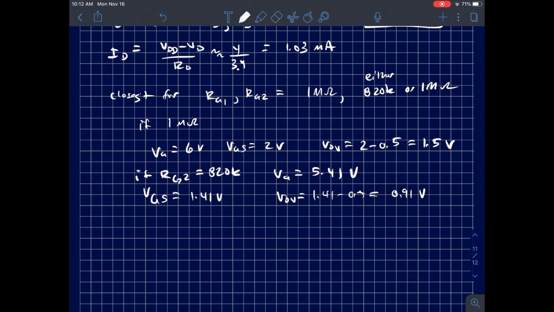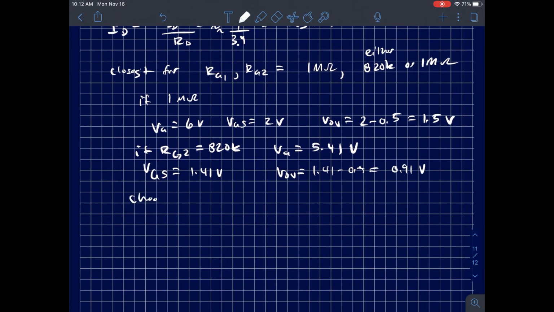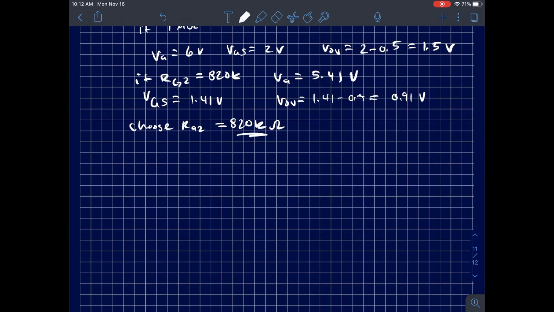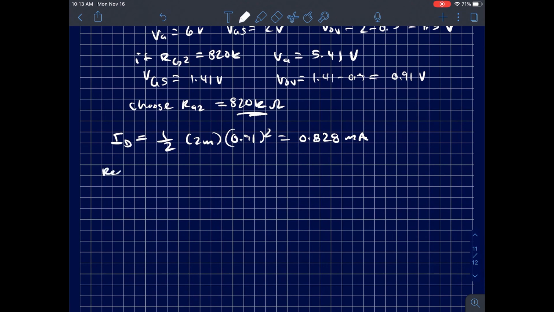That is much closer to the desired 1 volt than what happens if I choose the 1 mega ohm, so we're going to choose our RG2 equal to 820 kiloohms. And so what I'd like to do is calculate what the actual value of ID would be. It's 1/2 times 2 mil times 0.91 squared, which is 0.828 milliamps.